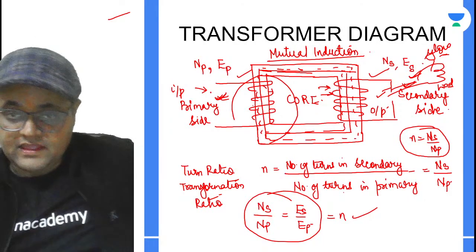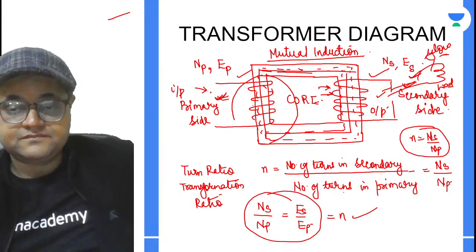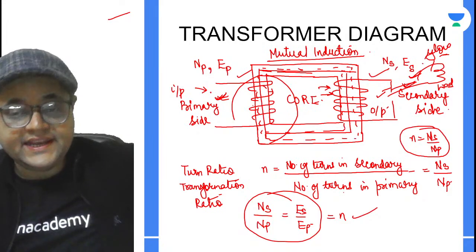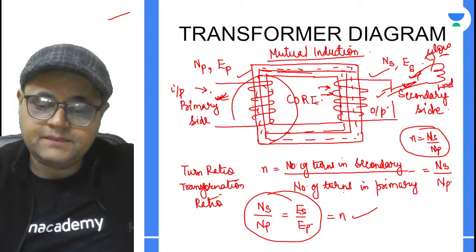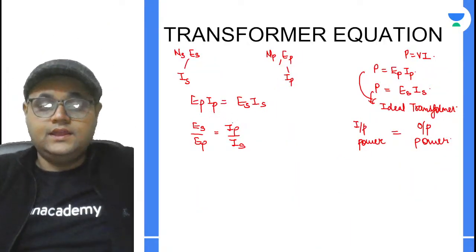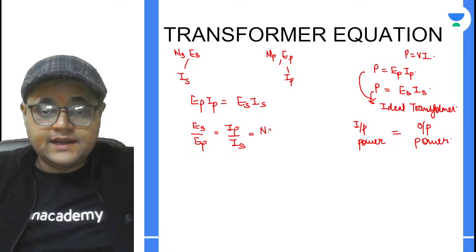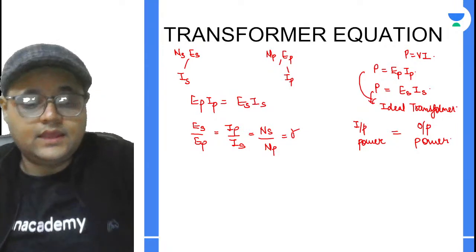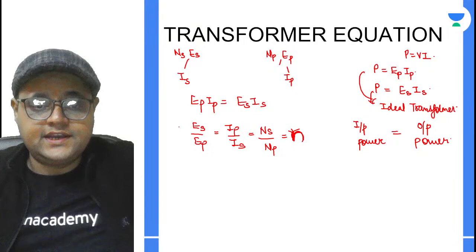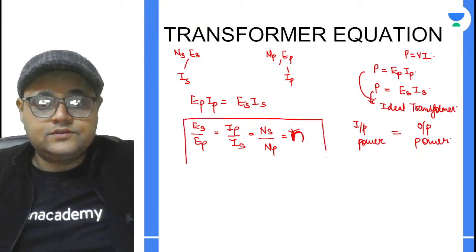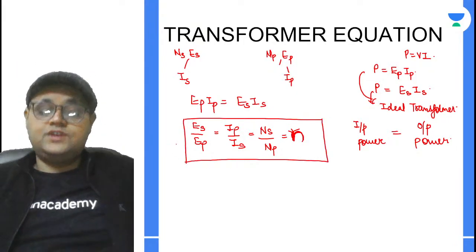If we increase the number of turns, the induced EMF automatically increases, right? So NS should be directly proportional to ES and NP should be directly proportional to EP. Now ES upon EP can be regarded as NS upon NP. This combined equation is called the transformation ratio, which in your books is written as small n.